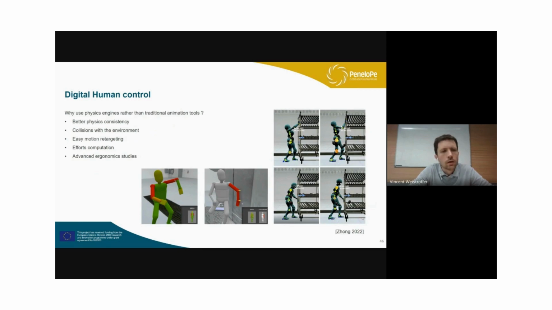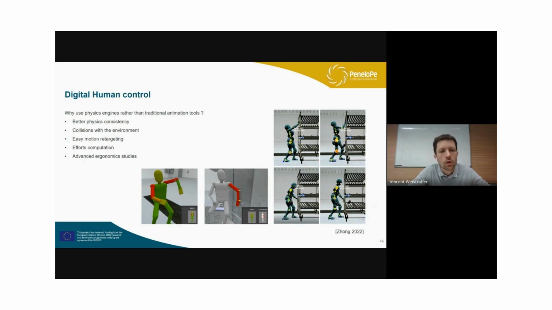Then, if you are in a specific environment, in virtual reality for example, you can also keep collisions with the environment. The physics engine can provide you with that. Using a physics engine is also a really easy tool for motion retargeting, because the physics engine will solve it quite easily.